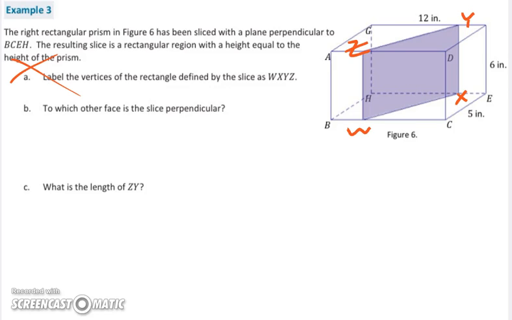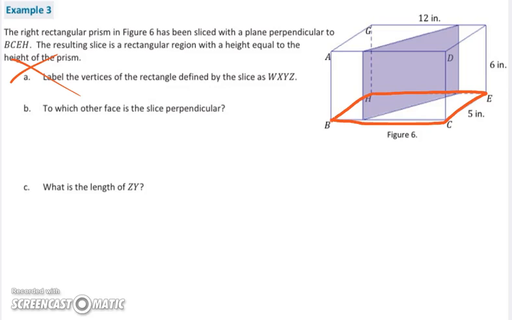Letter B says, to which other face is the slice perpendicular? I'm just going to get rid of the labels here. Don't get rid of yours. Now, it said at the beginning of the problem what it was already perpendicular to: B, C, E, H, back to B. Now it wants to know what else it's perpendicular to.